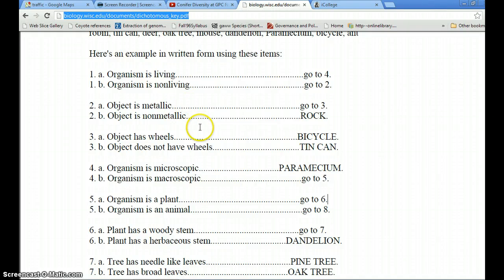You could probably find atoms or elements or chemicals that are in the rock that are not in the bicycle or the tin can, or vice versa, and it would be technically accurate to cite that. You could say, has uranium in it, doesn't have uranium in it. I don't think they have uranium in it, but the point is that wouldn't be an observable feature. Keep this to surface features or things that anybody could observe.